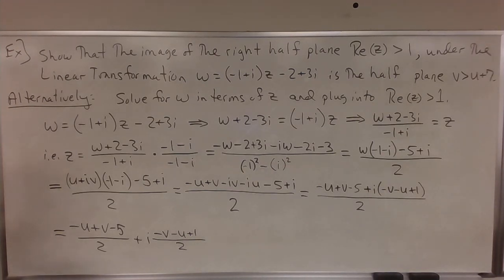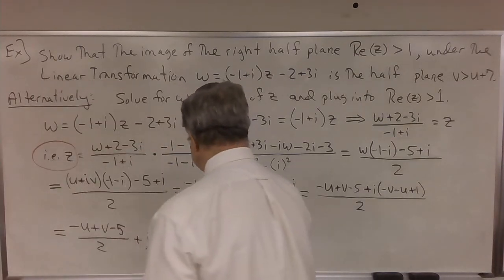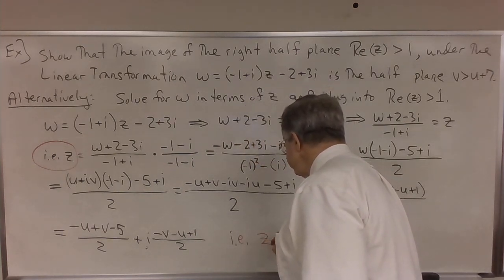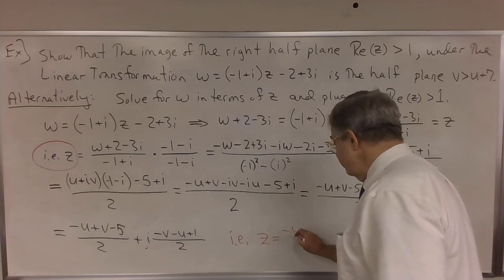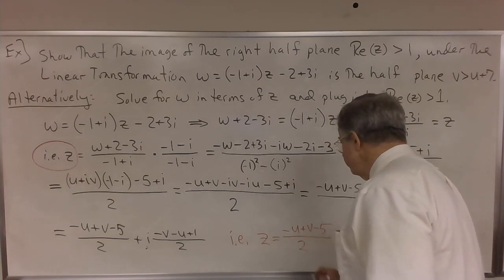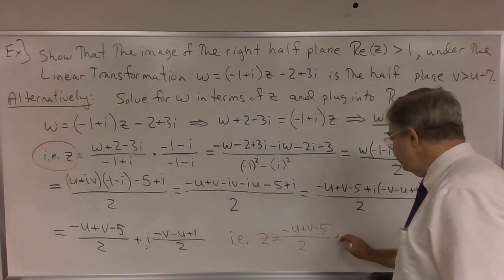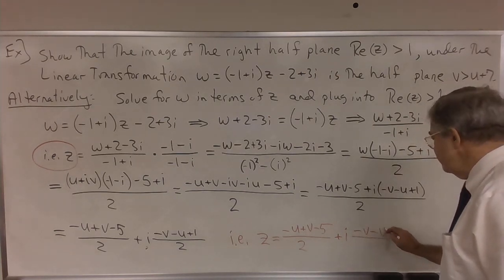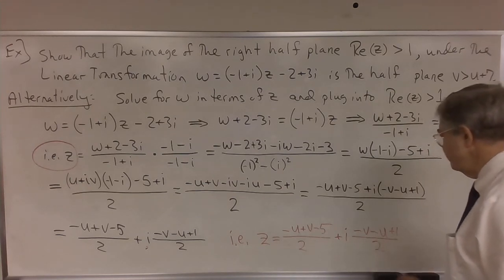Now, where did all of this start? This is z, and it equals this mess. So this is what I've established. z is equal to negative u plus v minus 5 over 2 plus i times negative v, negative u plus 1 over 2.